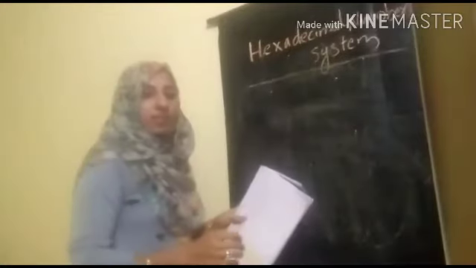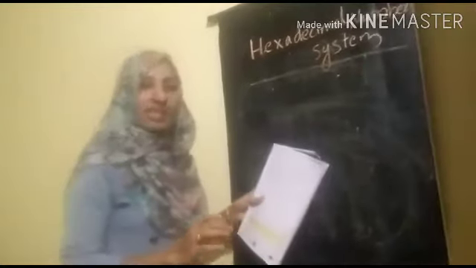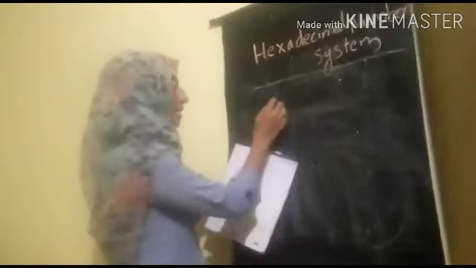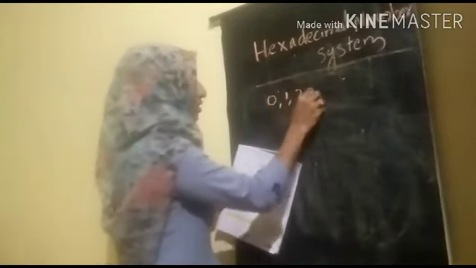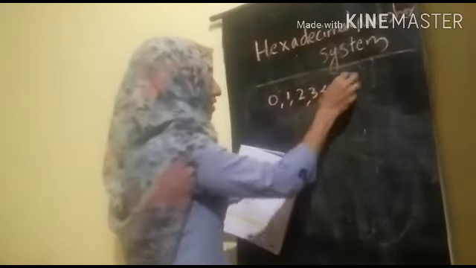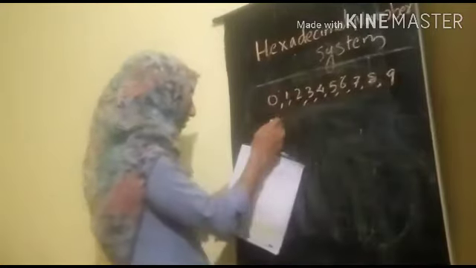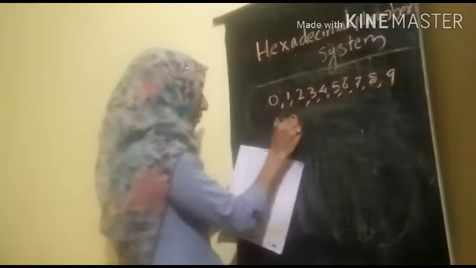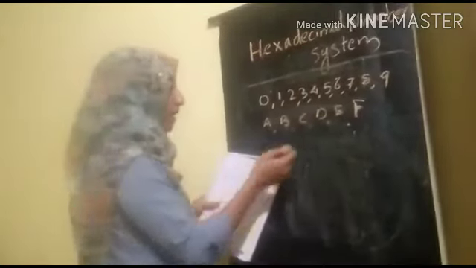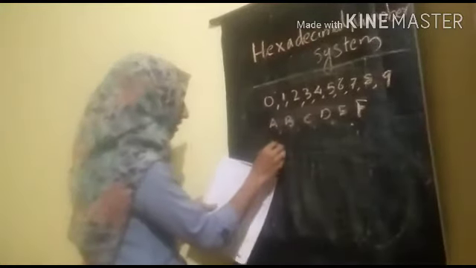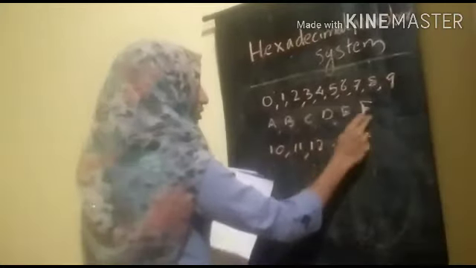Then we discuss counting in the hexadecimal number system. In the hexadecimal number system, we use 0, 1, 2, 3, 4, 5, 6, 7, 8, 9. Then after that we use A, B, C, D, E, F. Then next 10, 11, 12, up to 19.